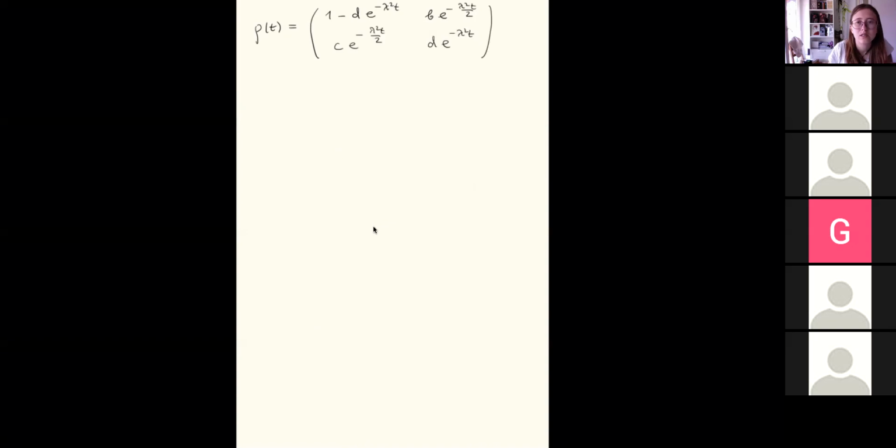And we see that in the limit of t going to infinity, all of these terms will die out except for the term corresponding to the ground state. So this tends to 1, 0, 0, 0 as t goes to infinity, which is the ground state.